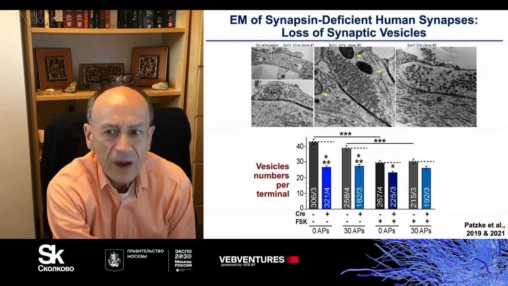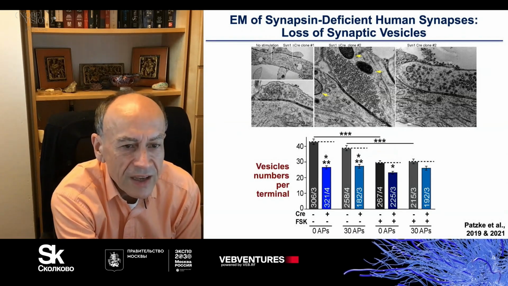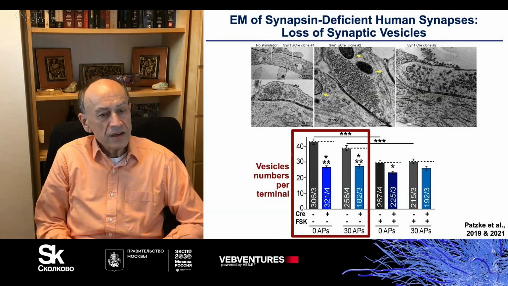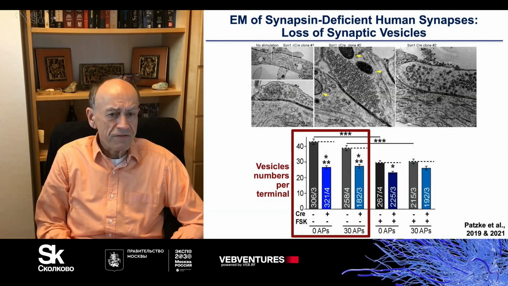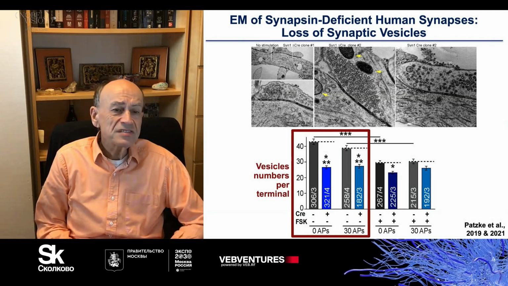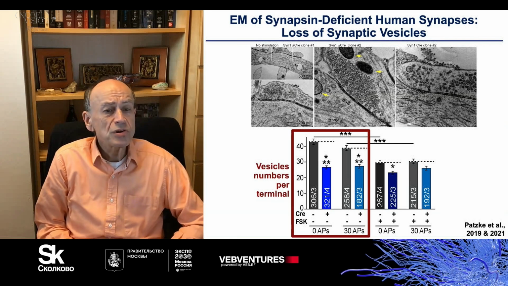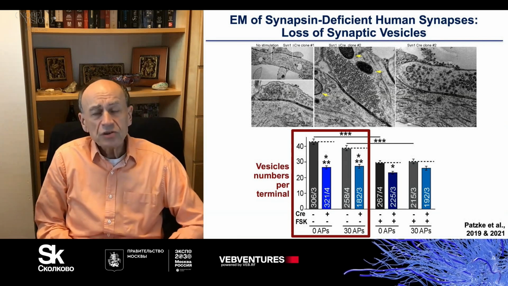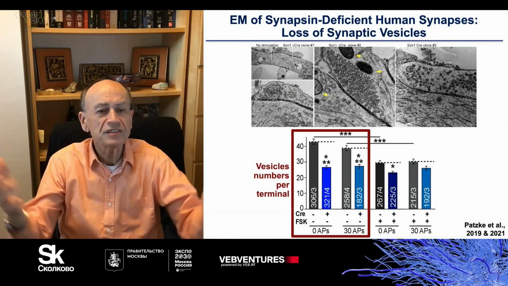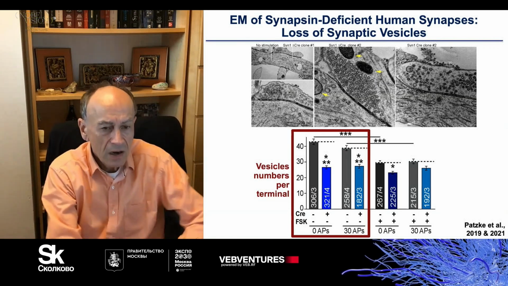And when you quantify this, you see that in the absence of forskolin, as shown here in these framed bars on the left, the synapsin 1 deletion decreases the number of vesicles per terminal dramatically. So it makes the vesicles disappear, which explains why there is an increased depression.